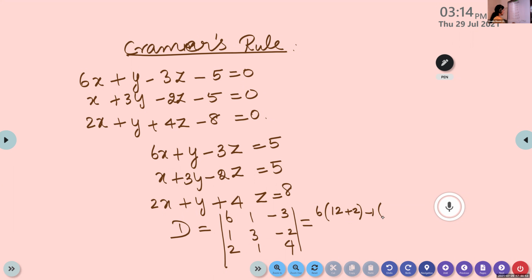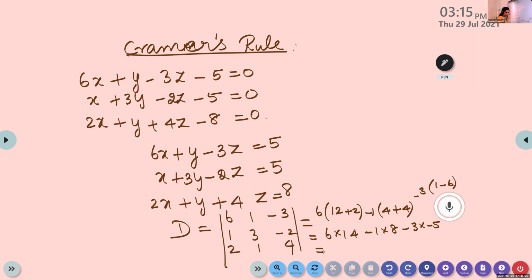Minus 1 into 4 plus 4. Minus 3 into 1 minus 6. So you will get 6 into 14 minus 1 into 8 minus 3 into minus 5.